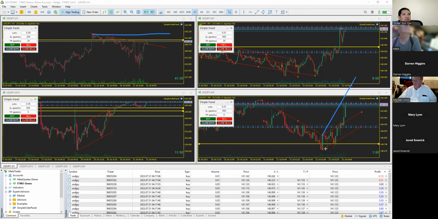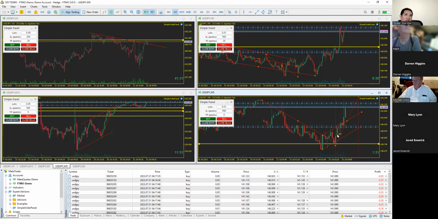It went, here's my slower trend line, and now it went faster trend line. So if you do the channel, the upside, this should be the last of it.